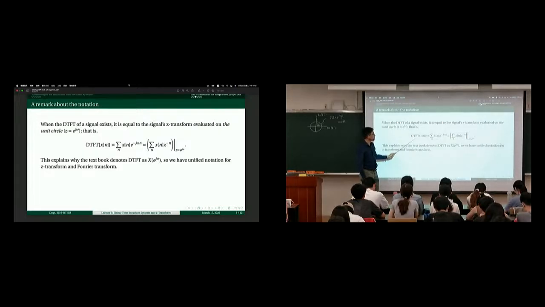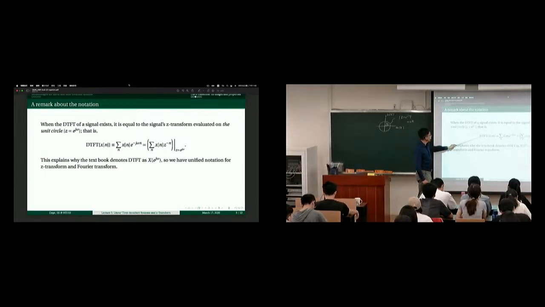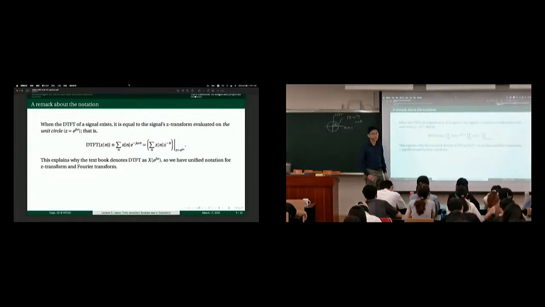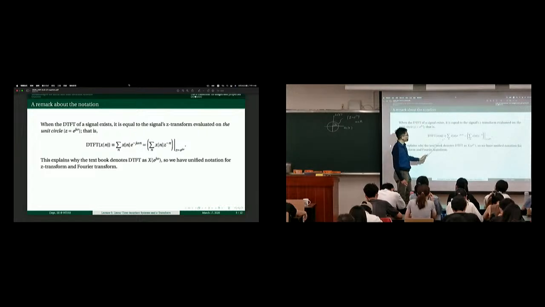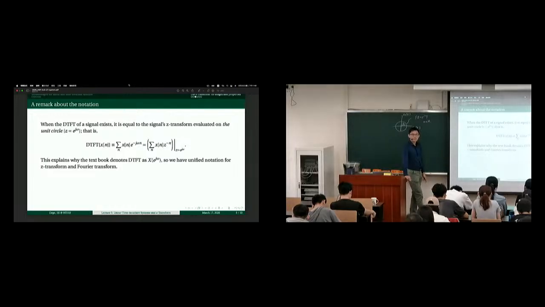So now we realize that wow, there's a relation between the Z transform and the DTFT: the DTFT is the Z transform evaluated on the unit circle. Let me repeat that. The DTFT of a signal is the signal's Z transform evaluated on the unit circle, if the summation converges. So that's a relation between the DTFT and the Z transform.